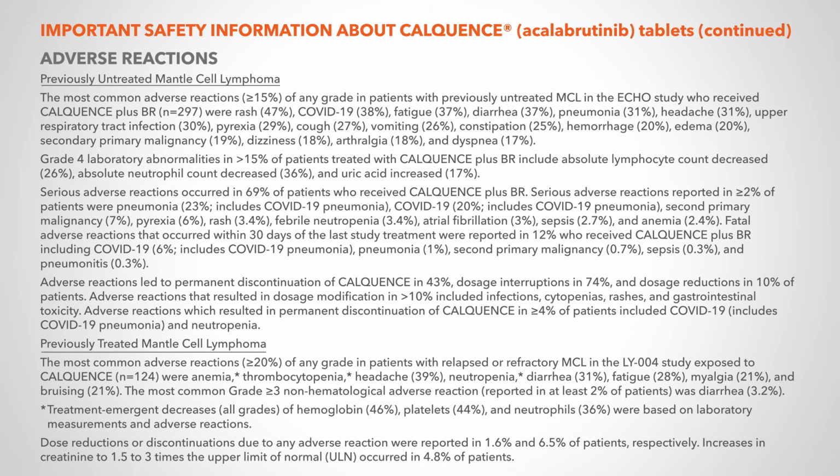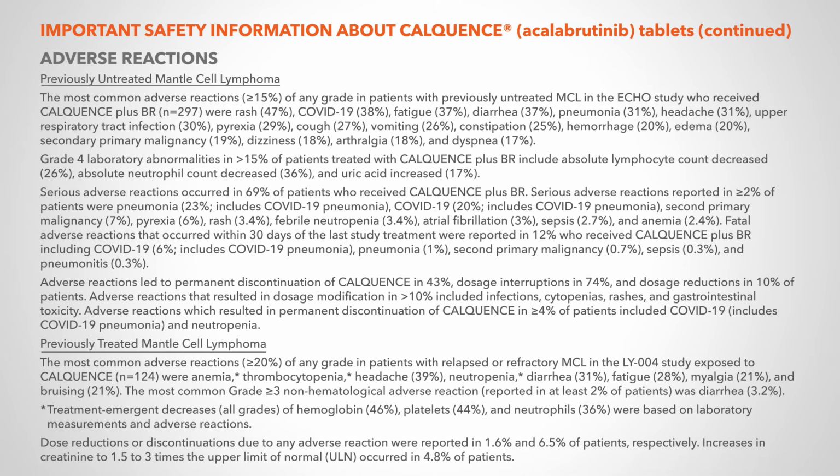Adverse reactions. Previously untreated mantle cell lymphoma. The most common adverse reactions, greater than or equal to 15% of any grade in patients with previously untreated MCL who received CALQUENCE plus BR, were rash, 47%, COVID-19, 38%, fatigue, 37%, diarrhea, 37%, pneumonia, 31%, headache, 31%, upper respiratory tract infection, 30%, pyrexia, 29%, cough, 27%, vomiting, 26%, constipation, 25%, hemorrhage, 20%, edema, 20%, secondary primary malignancy, 19%, dizziness, 18%, arthralgia, 18%, and dyspnea, 17%.